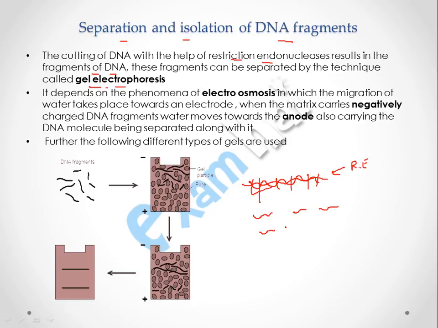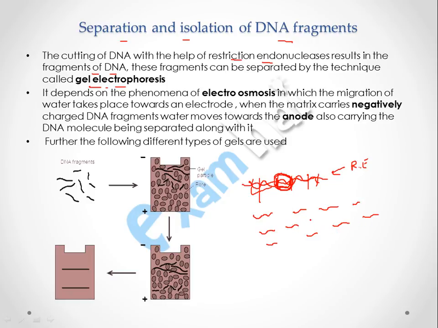These are the fragments of DNA which are to be separated. If we want a particular sequence of DNA, a particular gene, we have to separate it from the other DNA fragments.